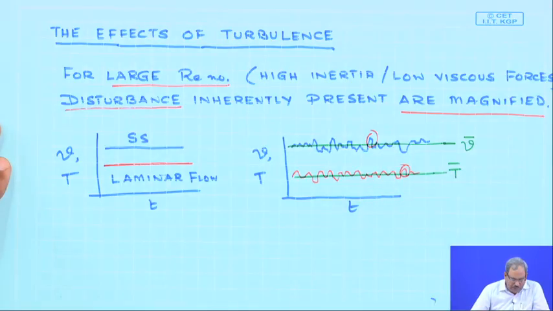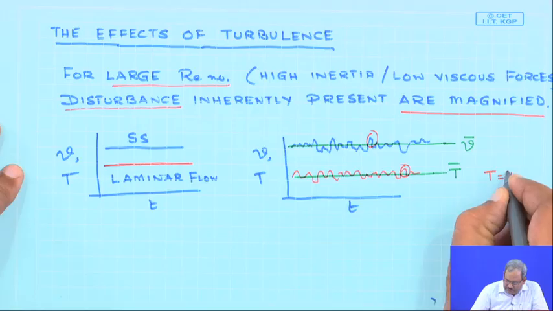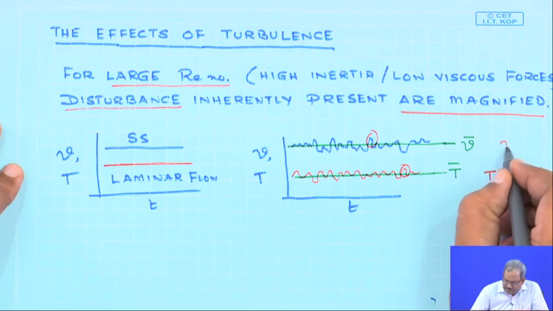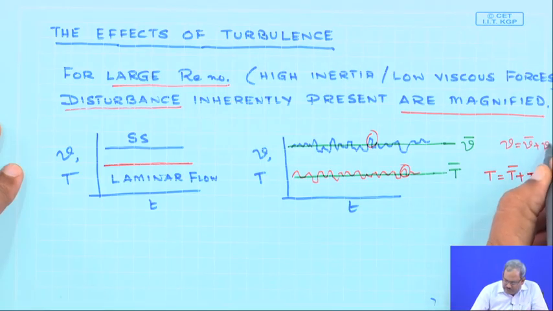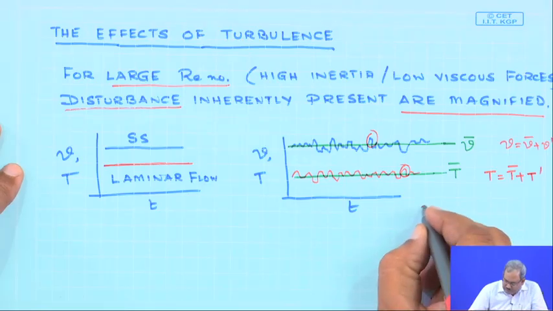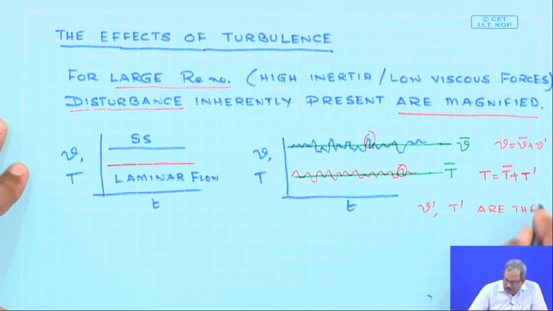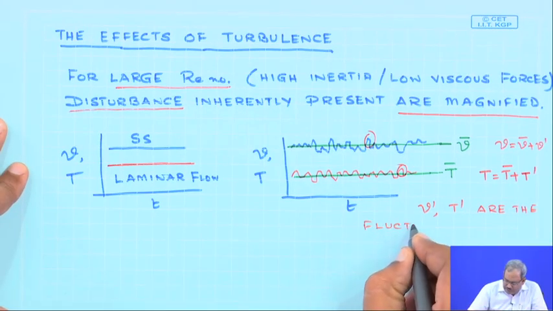So, the local value of temperature would simply be T bar plus T prime, and the velocity is going to be V bar plus V prime. So, V prime and T prime are the fluctuating components of velocity or temperature.